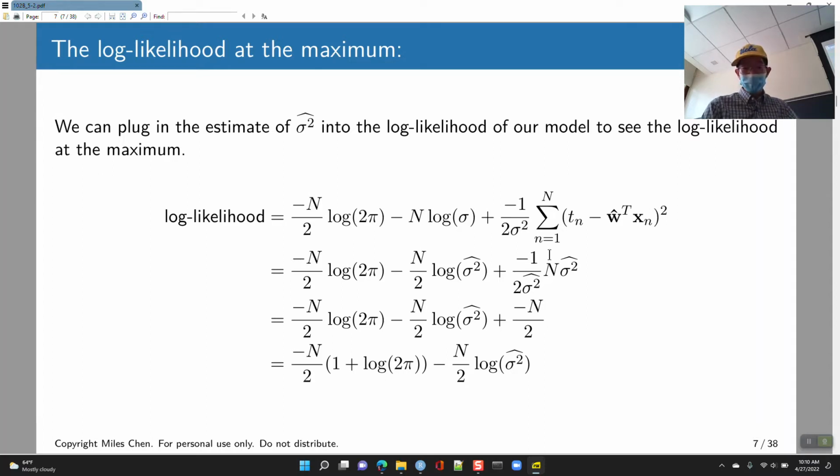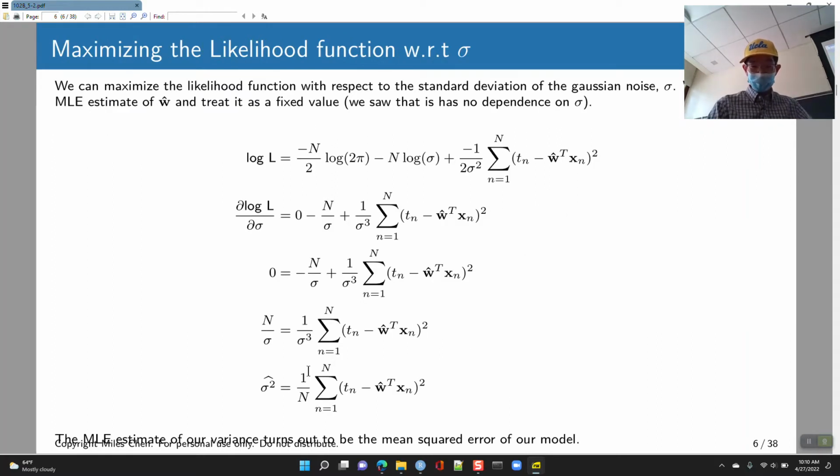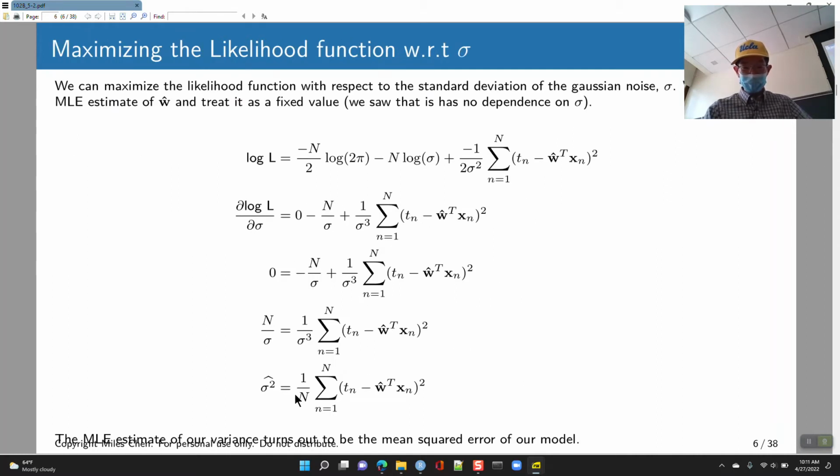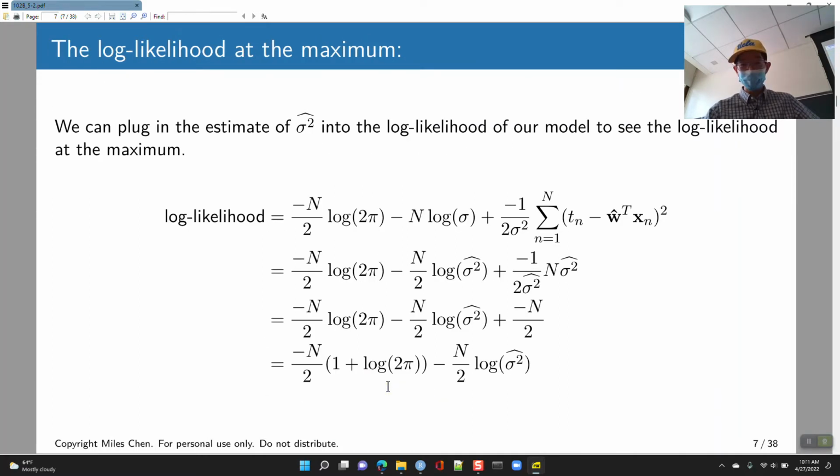Okay, and if we take a look at this, with the definition of sigma hat squared being 1 over n times this, I can plug that in, right? So if I multiply sigma hat squared times n, I'm going to get this portion, and so I'm replacing this thing with n sigma hat squared.